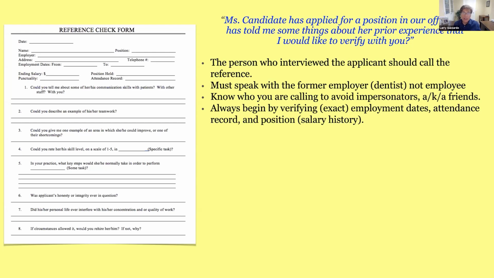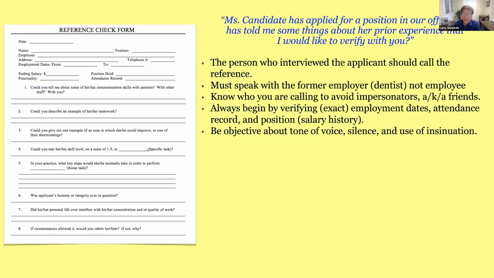But the reality is they started in December of 24 and they quit in January of 25. So yeah, they were there one month, not 1 year. So I was like, I want to verify this with you. She told me, or he told me, they worked in your office from this day to that date, and that they had very minimal downtime, whatever it was that they told you.